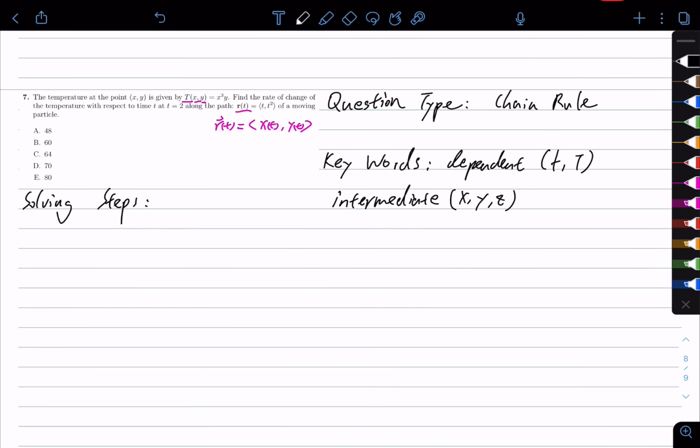And finally the independent variables, t and s. Usually it's these two. Sometimes they will also give you partial f, partial s, or partial f, partial t. These are the things you should be looking out for when identifying chain rule problems.